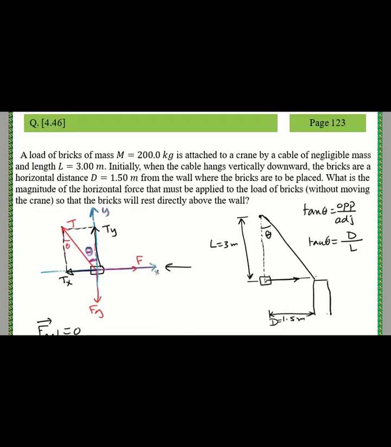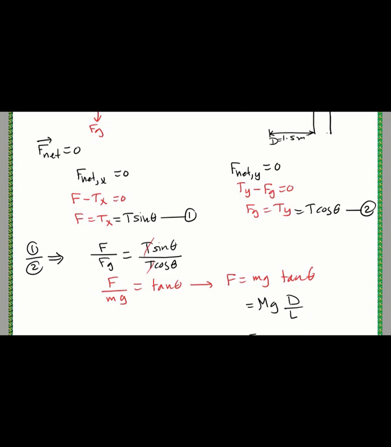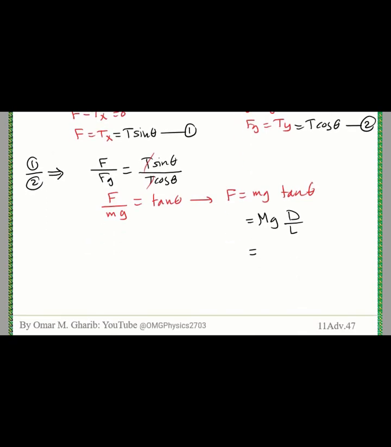And that's it. Substitute. The mass is 200, L is 3 and D is 1.5. Then 200 times 9.8 times 1.5 over 3. 200 multiplied by 9.8 multiplied by 1.5 divided by 3.